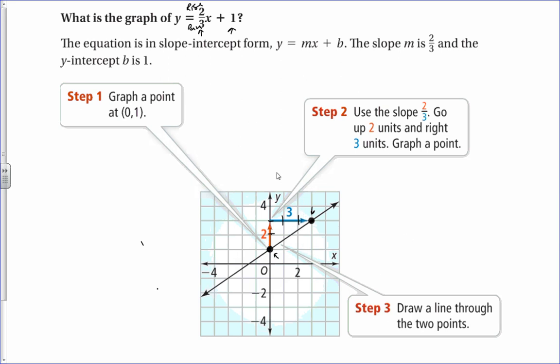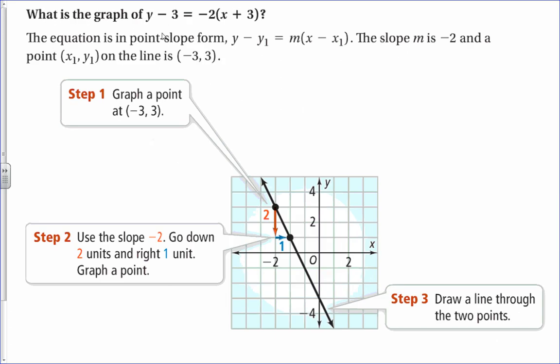So you only need 1 point because the y-intercept, you know that your x value is 0. So you only need 1 point and your slope to graph a line. Again, you just plot your y-intercept, y equals positive 1, count up 2 over 3, boom, you found your second point. All right.